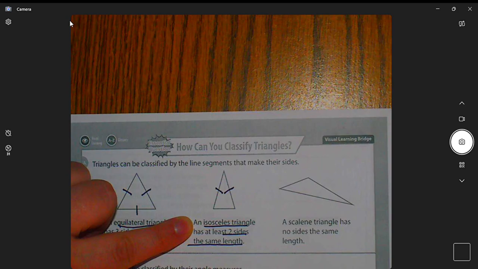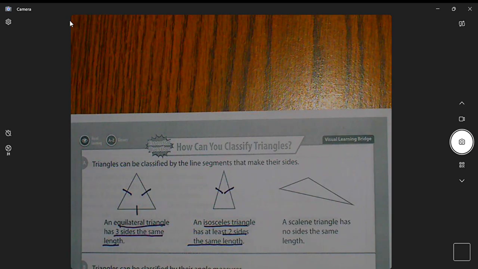Now, an isosceles triangle can either be acute or obtuse, but it can never be right, because if it's right, I won't have 2 sides that measure the same length.